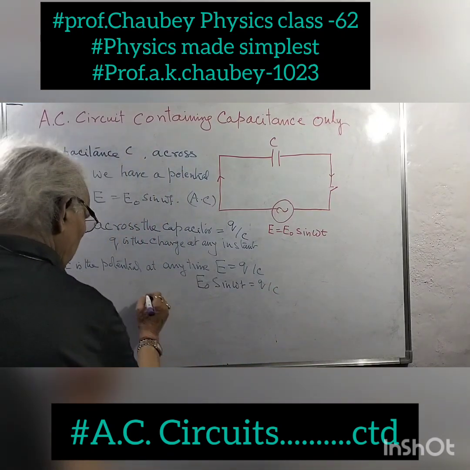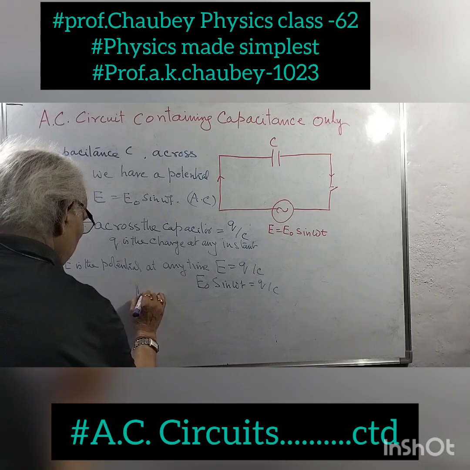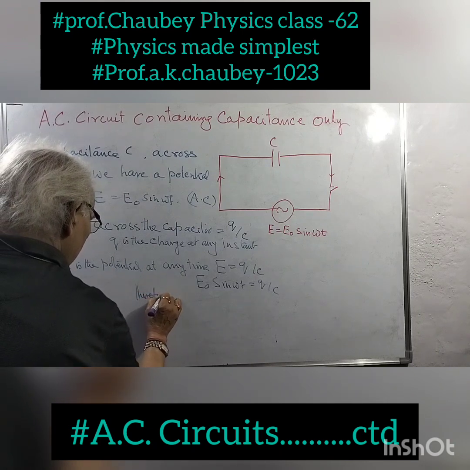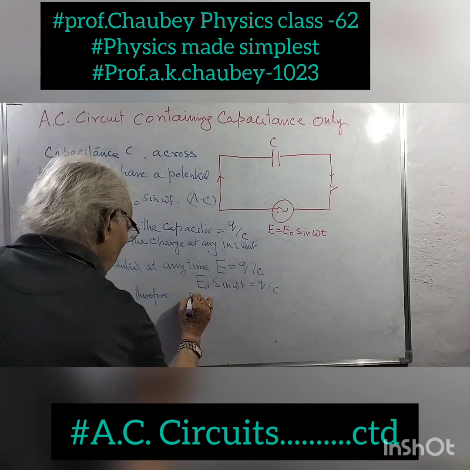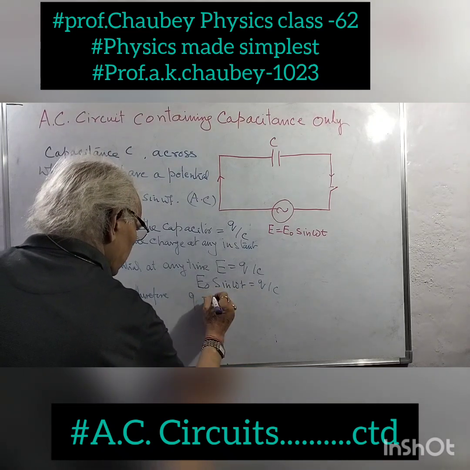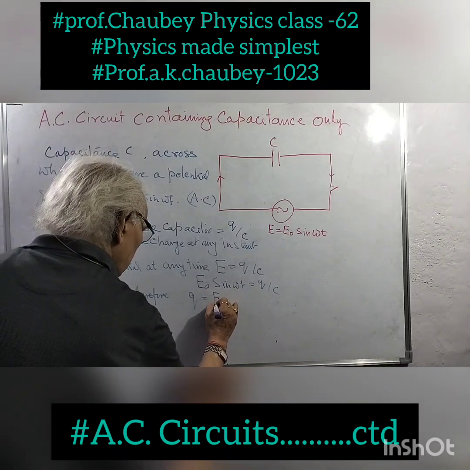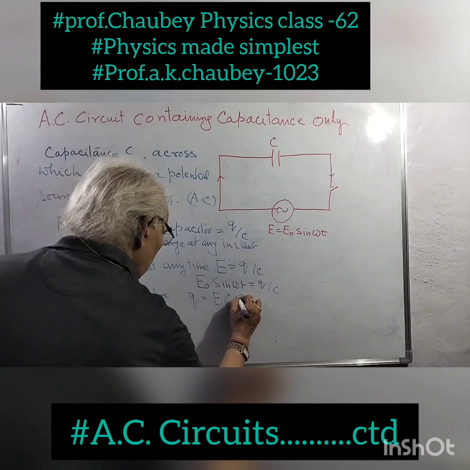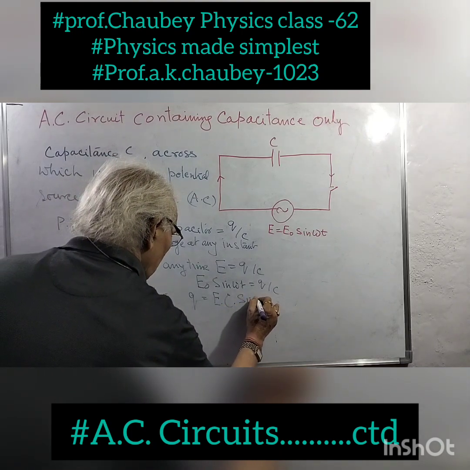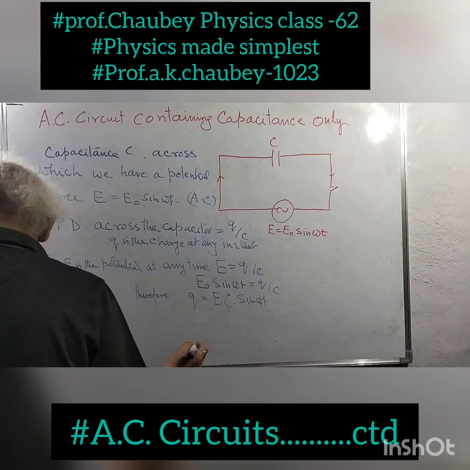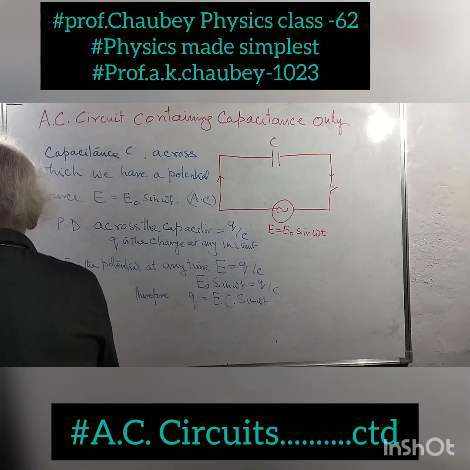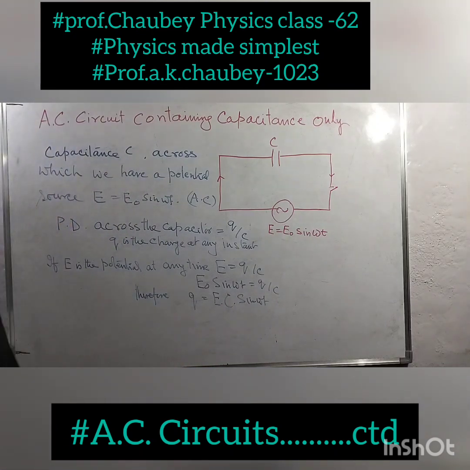So Q is equal to E naught C sin omega t.